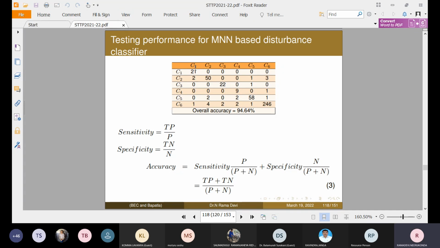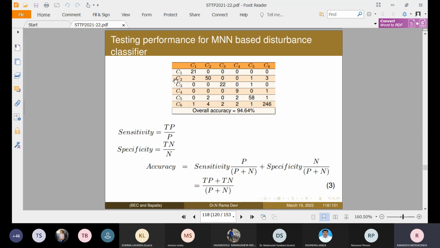And the same single phasing fault is given for the other fault, C2, like C1. So the sum is true and true. That means it's a single phasing fault with a recognition of 21. That we call the true positive.